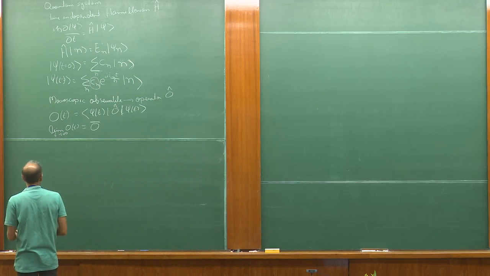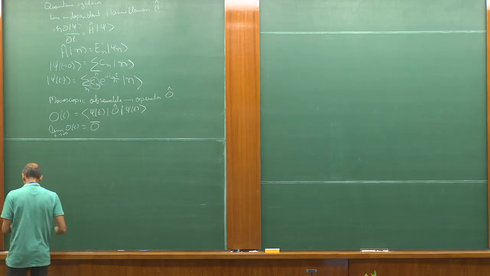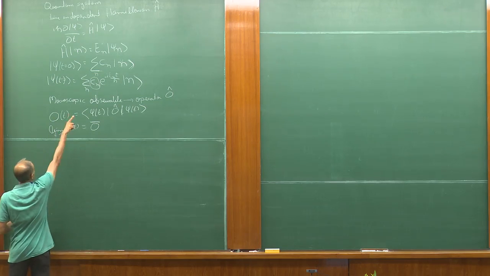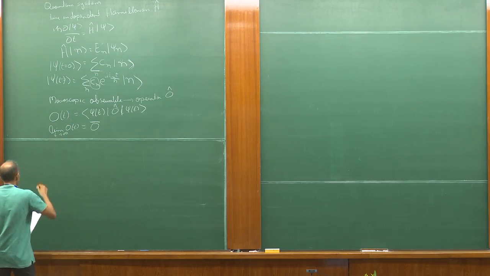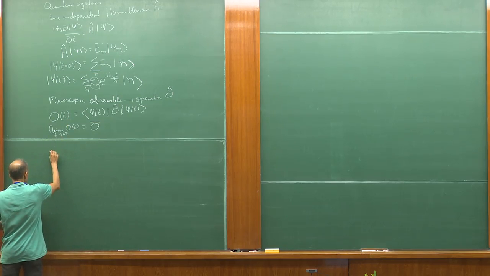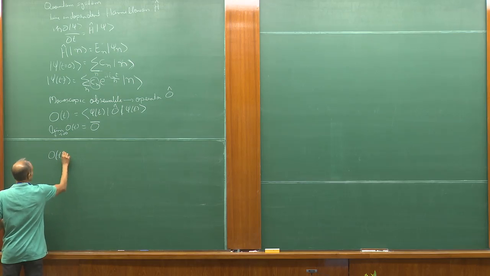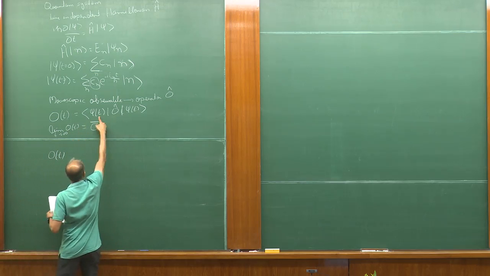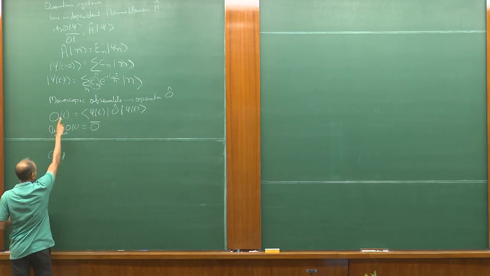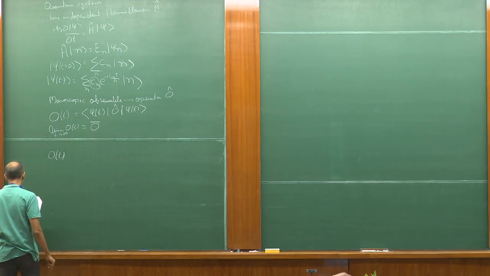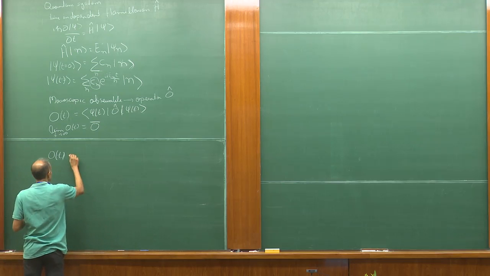write down what O of t is. So you can easily see from everything that I've written on the board that O of t, which is this, and psi of t is given by that expression. So when you plug psi of t into this expression, O of t ends up being the following quantity.